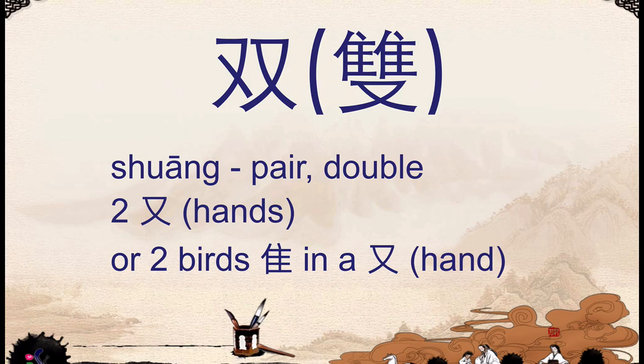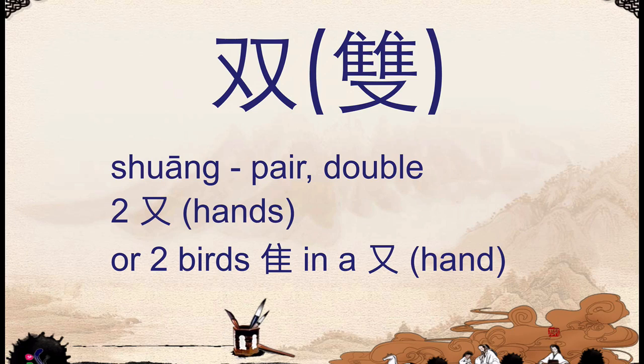So the simplified character on the left, this means two hands together. And the traditional version of this character on the right, this means two birds, which is the top half of the character, and hand at the bottom. So this is representing double or a pair of something, using the idea of a doubled up part of the character, plus the hands.